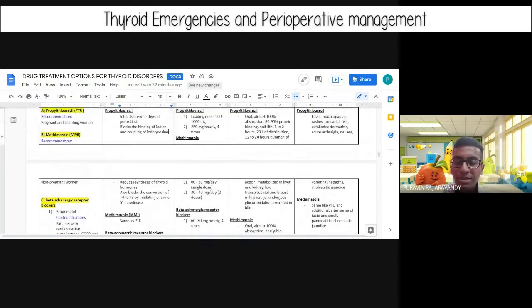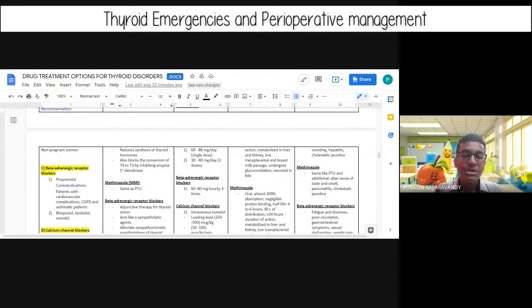The common adverse effects are almost the same as PTU, which is propylthiouracil, but methimazole has some additional, distinctive adverse effects that cannot be seen with propylthiouracil, and they are alteration of the sense of taste and smell of the patient, pancreatitis, and cholestatic jaundice. So these are some different kinds of adverse effects that methimazole causes in patients administered with it.